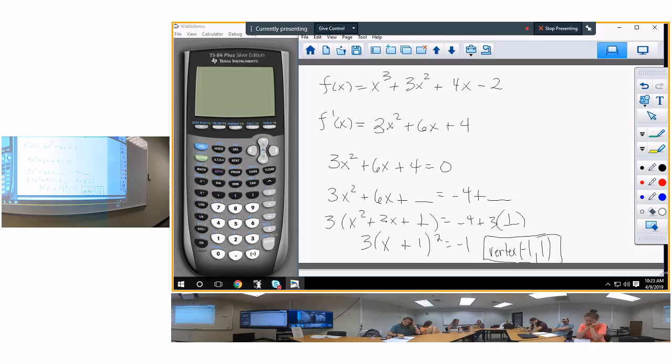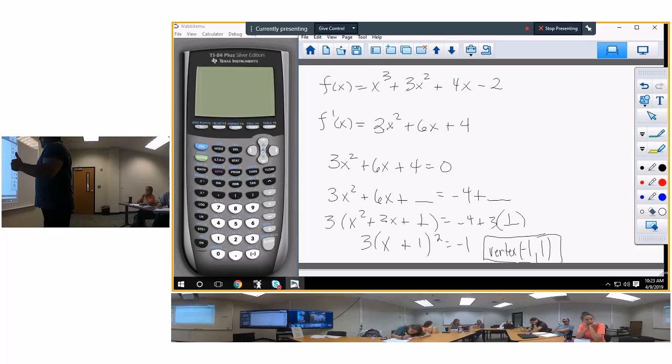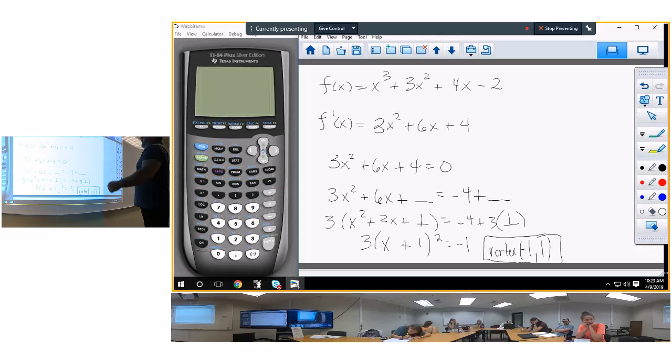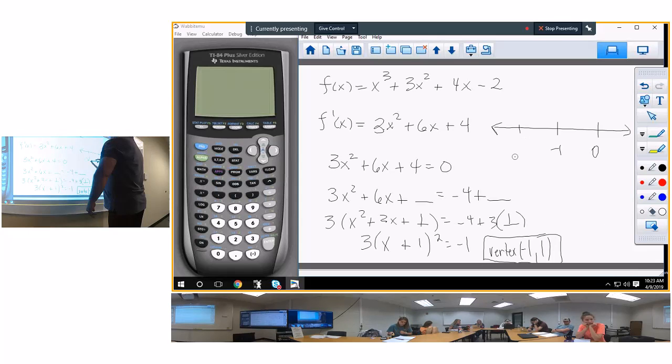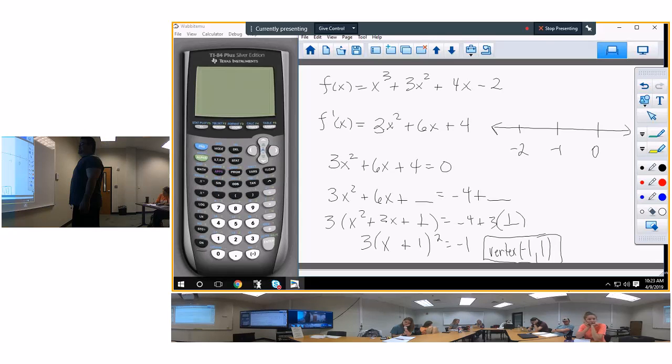So let's go ahead and figure, it's probably going to turn, let's figure at negative 1. So what's above negative 1? 0, and what's below negative 1? Negative 2. So what happens at negative 2? Let's plug in negative 2 and find out. Negative 2 squared is what? 4.